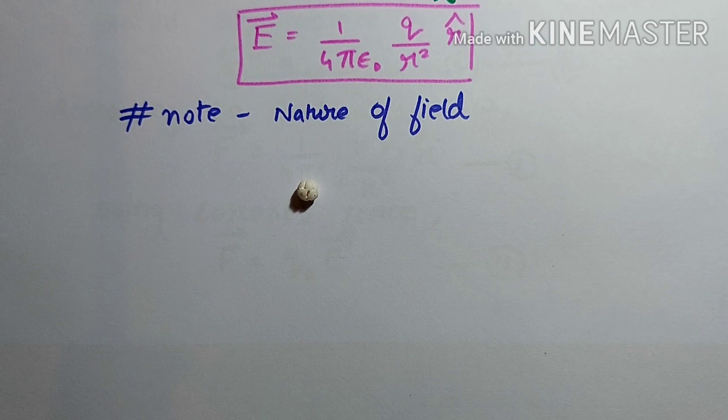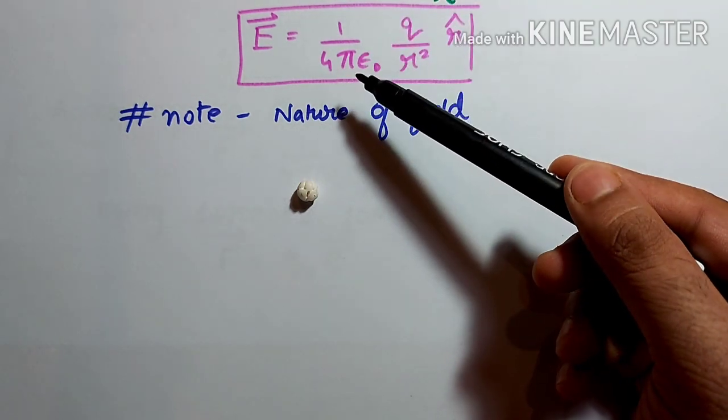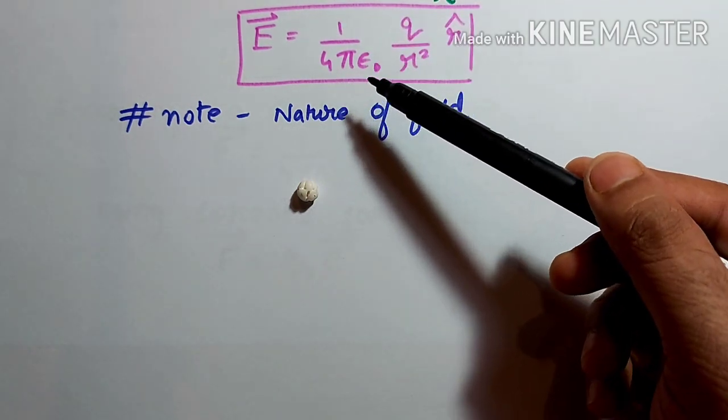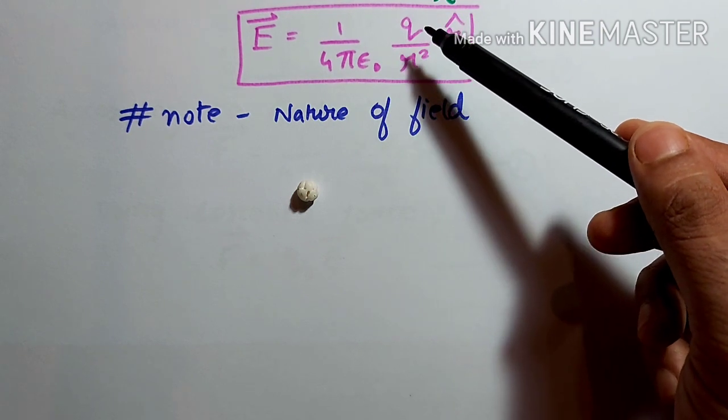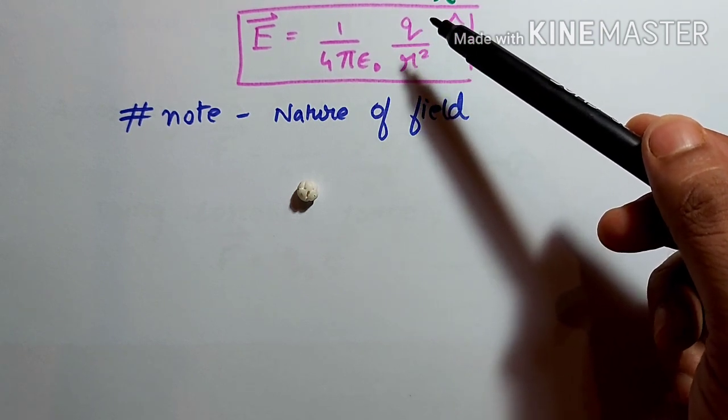As you can see, the expression of electric field is 1 by 4 pi epsilon naught q by r square. Here 1 by 4 pi epsilon naught is constant. Charge q is the source charge, that is also constant.